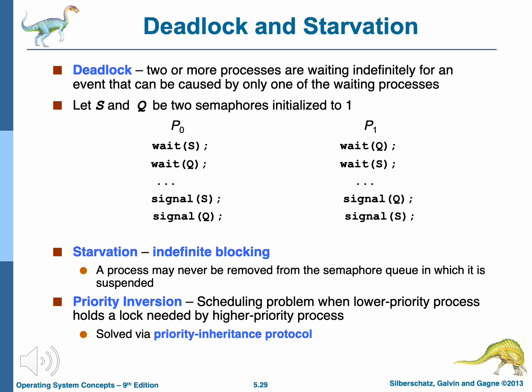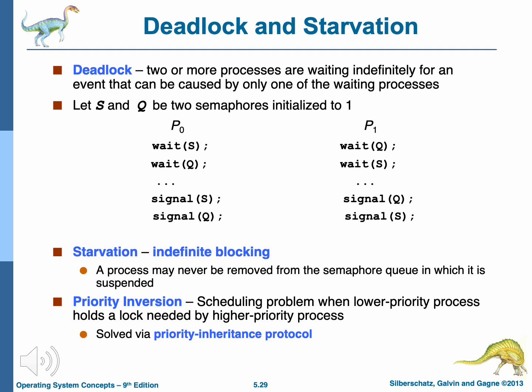Suppose that P0 executes wait(S) and then P1 executes wait(Q). When P0 executes wait(Q), it must wait until P1 executes signal(Q). Similarly, when P1 executes wait(S), it must wait until P0 executes signal(S).